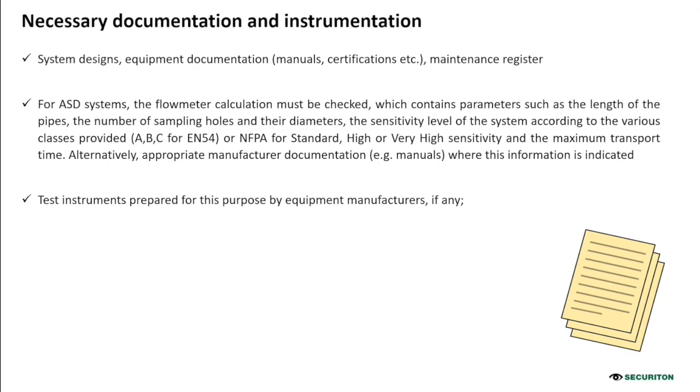Alternatively to the Flowmeter calculation, it is also accepted to use the appropriate manufacturer documentation, where all this information is indicated. So if the Flowmeter calculation is not present, check if the consultants made a project following the indications in the manuals.